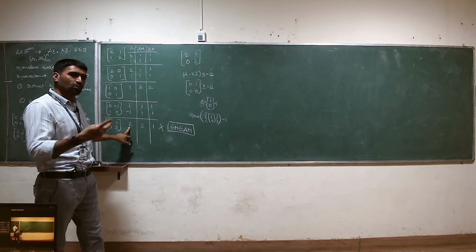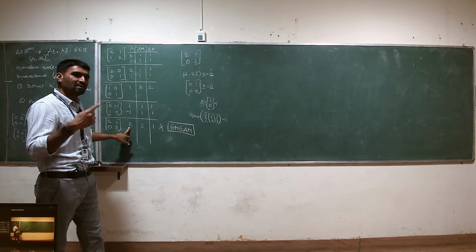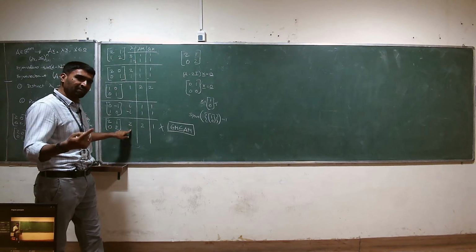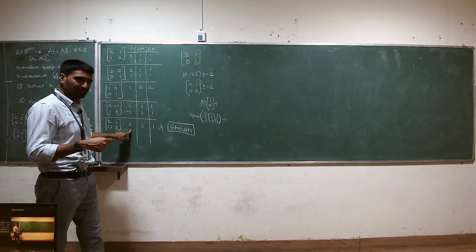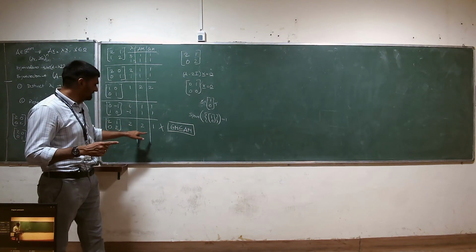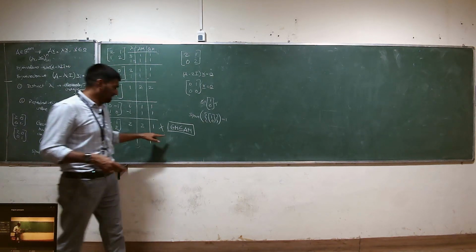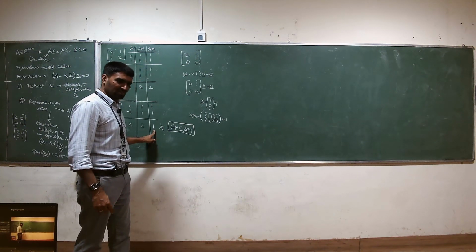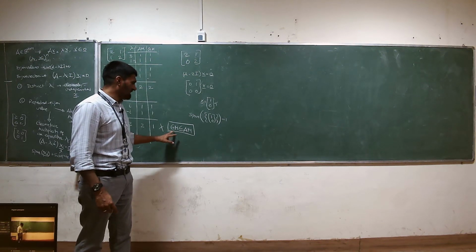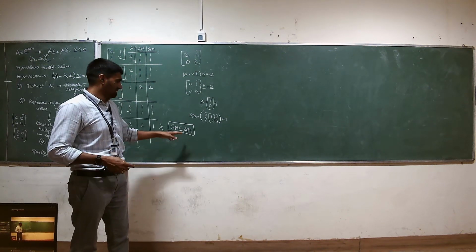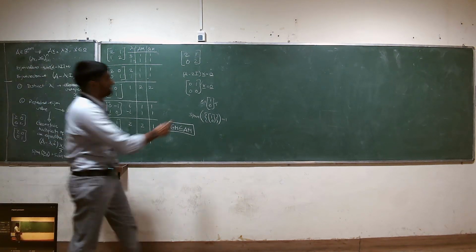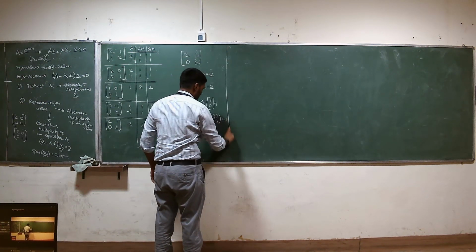For good matrices, we should be able to find 2 linearly independent eigenvectors corresponding to 2, as many eigenvectors as its algebraic multiplicity. For defective matrices, you cannot find a sufficient number of eigenvectors, so your GM is less than AM.